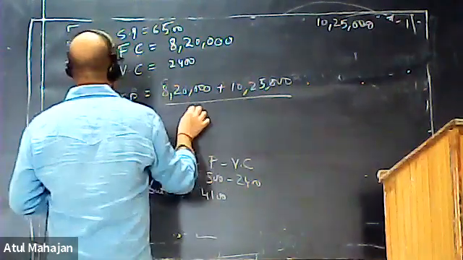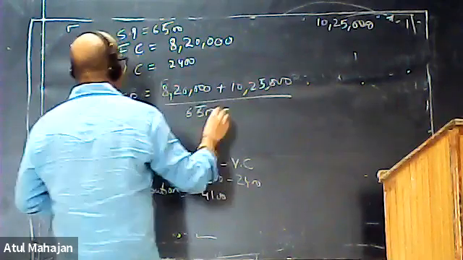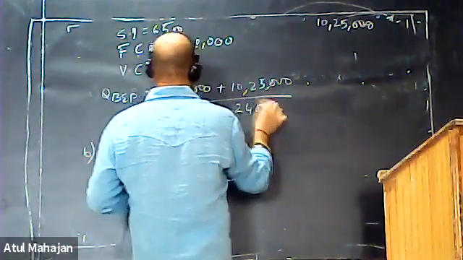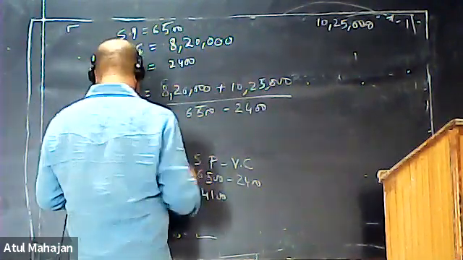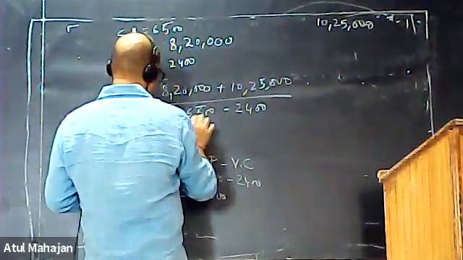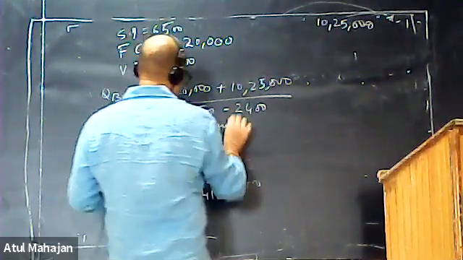Selling price is 6,500 minus variable cost, which is 2,400. Okay. So what is your value now? It is about 450 units.